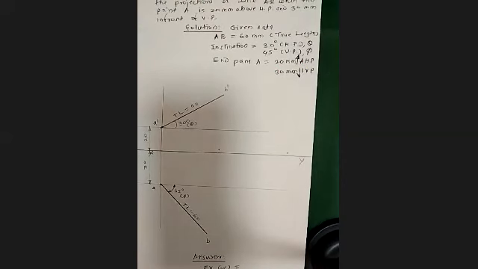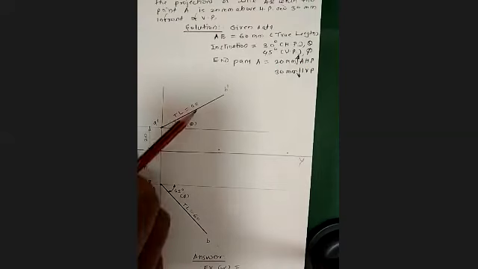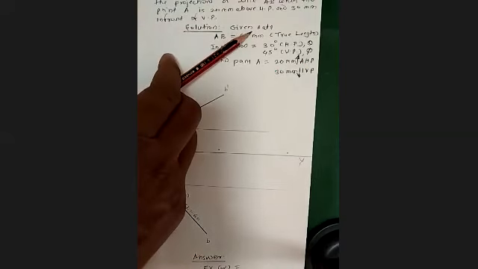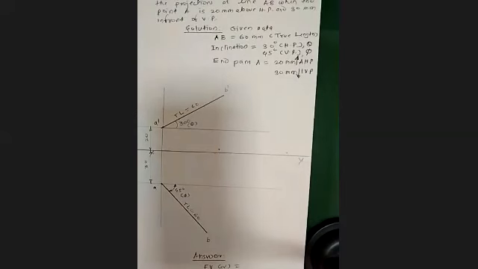Okay. So what we'll do now? This is what we can get with reference to the given data, right? Now we have to follow certain steps so that you will get the final front view and the top view. And as you know, the final front view and top view will be less in length as compared to true length. Okay.